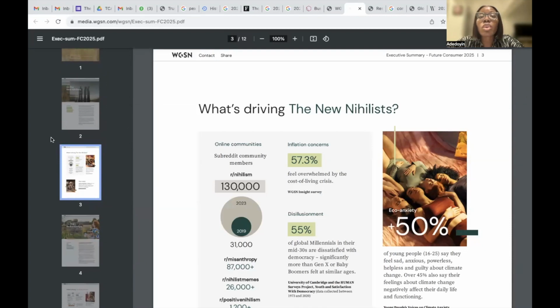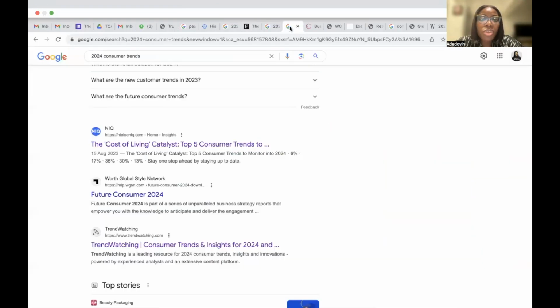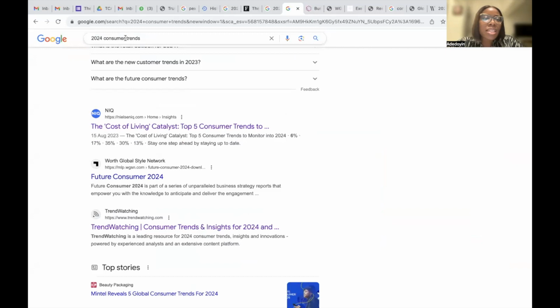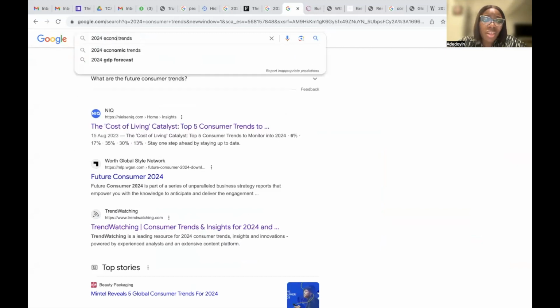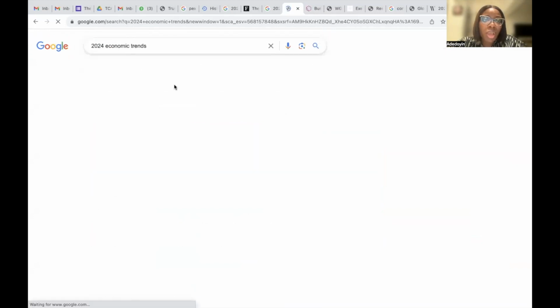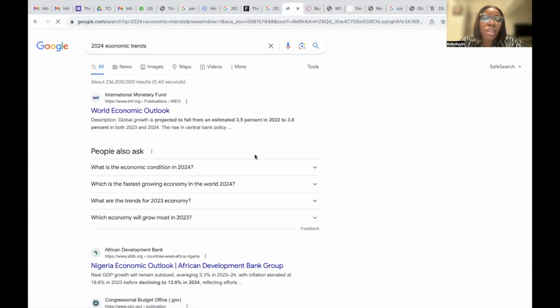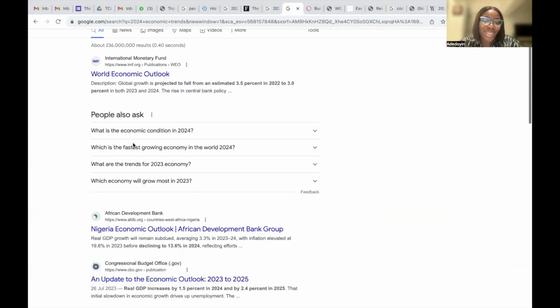And if you do economic trends, we're going to see cost of living crisis. Now, I don't want to do a generic, but at least we can do a generic one, because you want to look at what's happening in the global economic outlook. So like the IMF, for example, has the World Economic Outlook. If you're in Africa, the Africa Development Bank, so the AFDB, you need to go there and look at their economic outlook. That would also help to understand. Yeah, it's actually number 2 here.